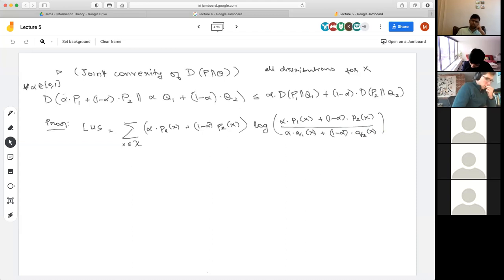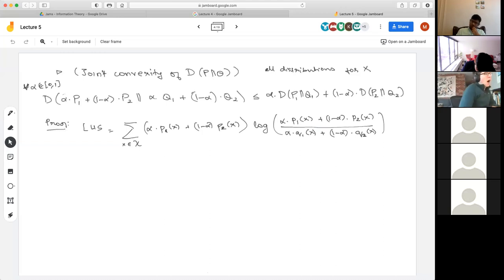Okay, this is just writing out the definition of the KL divergence on the left. Now, I'll sort of cheat and give you the main step as an exercise, but it's using an idea we have done many times.